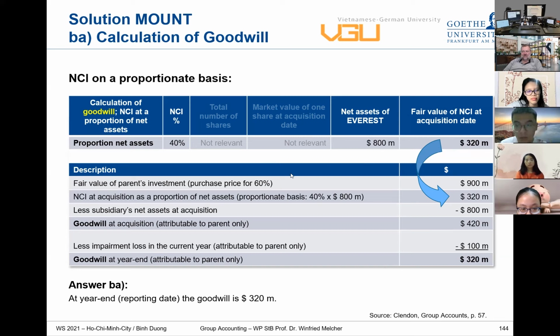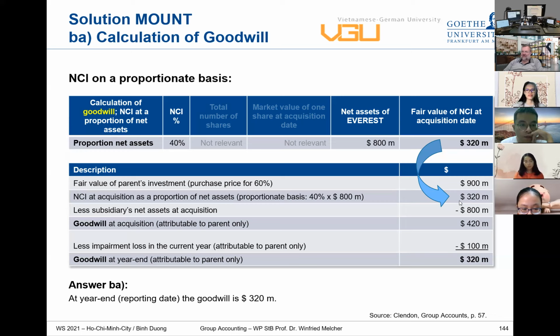All right, so we can do the same as we did before. We take the purchase price of the parent, 900 million. Then we add the value of the NCI, which represents the other 40% of the shareholders. So we have the parent with 60%, which is 900 million, and the remaining shareholders with 40%, which have a value of 320.